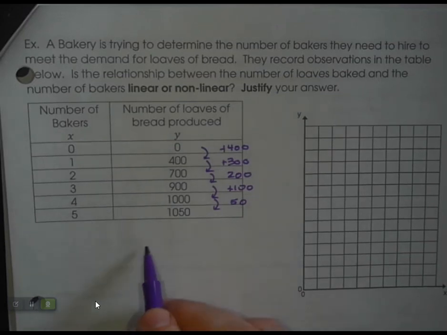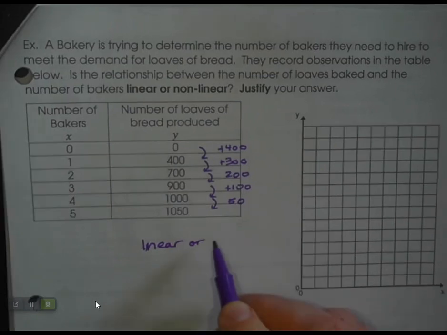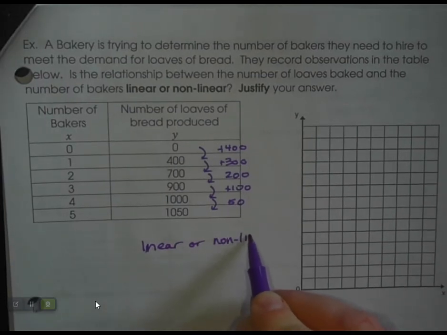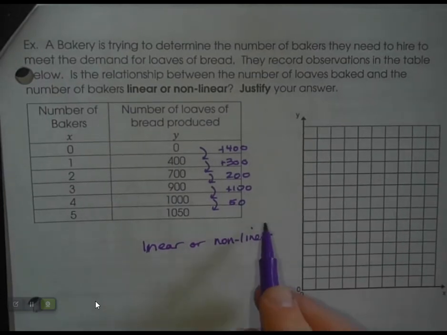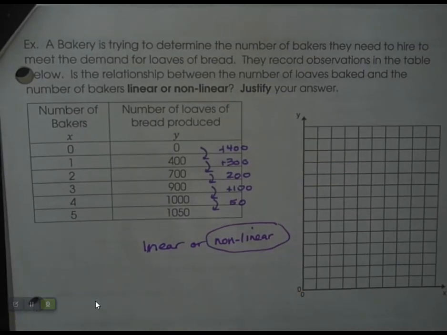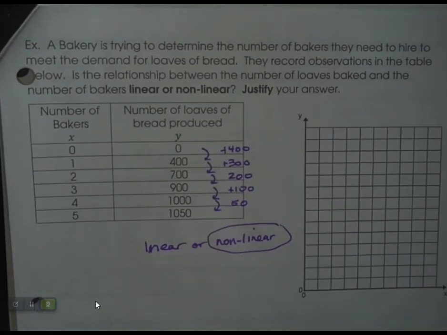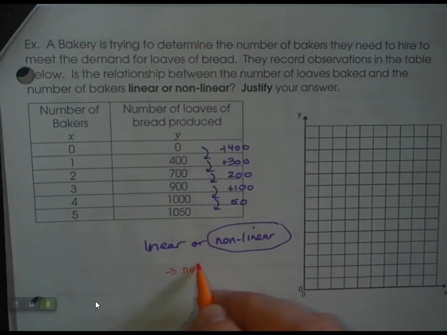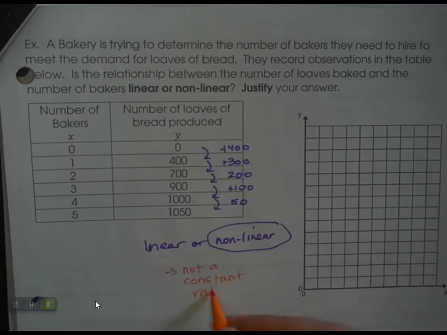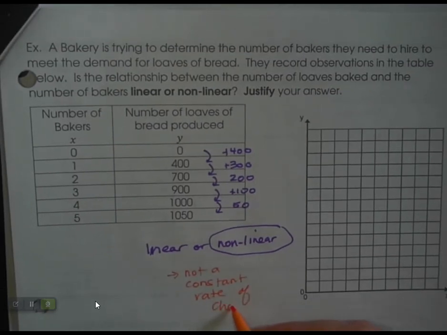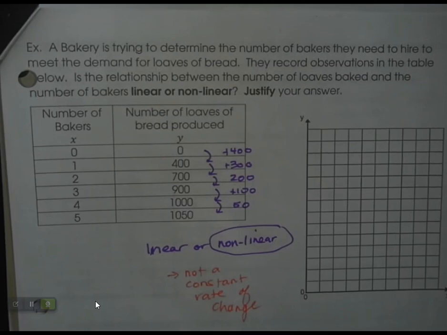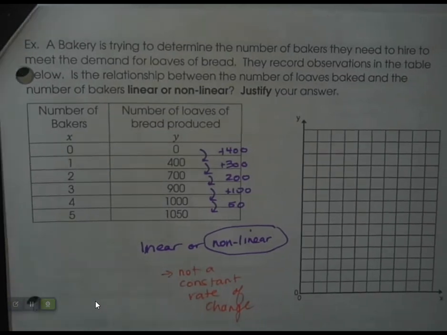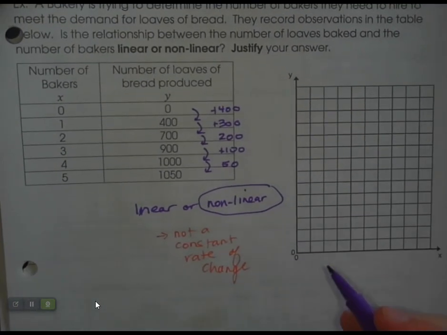So my question to you is, linear or nonlinear? Hopefully you said nonlinear, because these numbers are not the same. Not a constant rate of change. All right, and then I can sketch my graph.